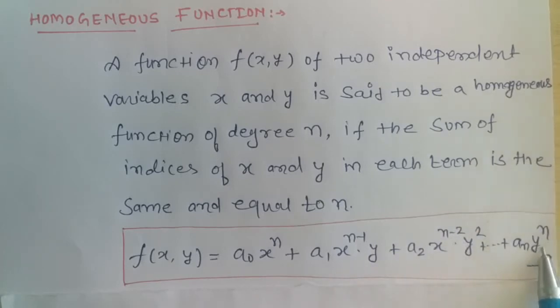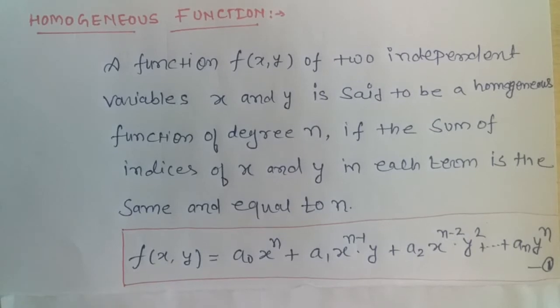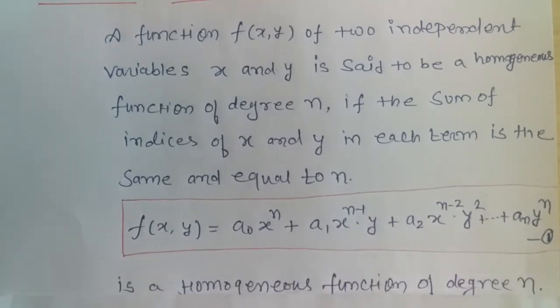And finally in the last term, x power 0 and y power n, so the total sum is n. So in each term the sum of powers of x and y is equal and it is equal to n. So this function f(x,y) is a homogeneous function of degree n.